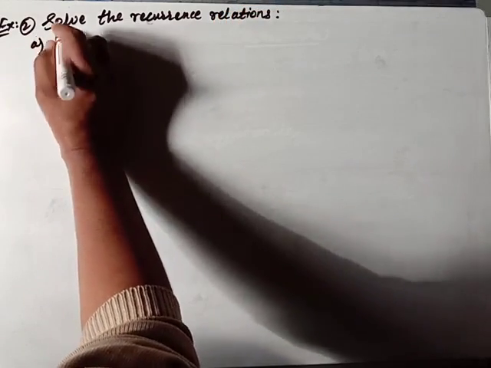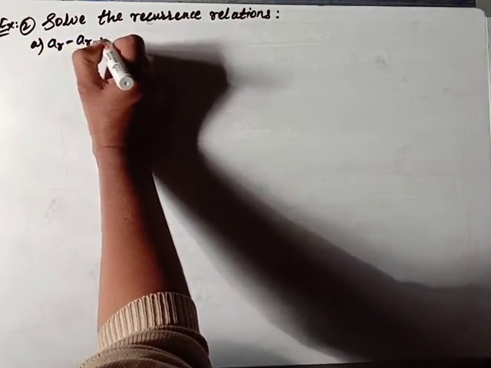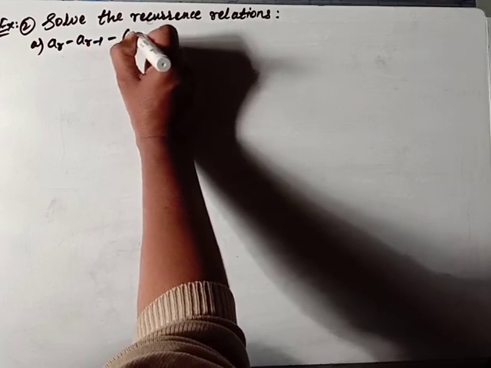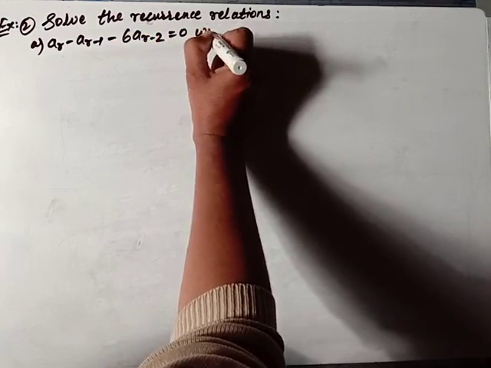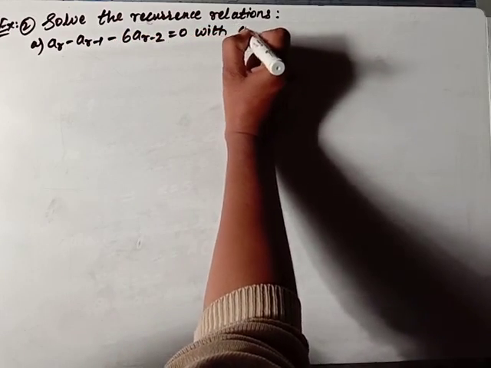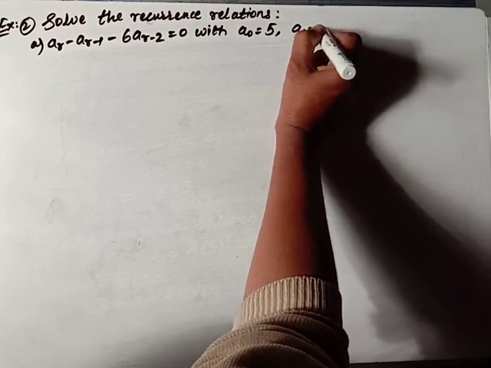Suppose the first one is a_(r-1) minus 6 a_(r-2) is equal to 0, with a_0 is 5, a_1 is 0.